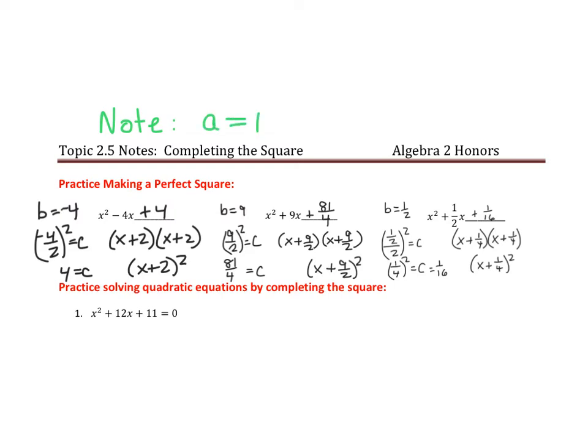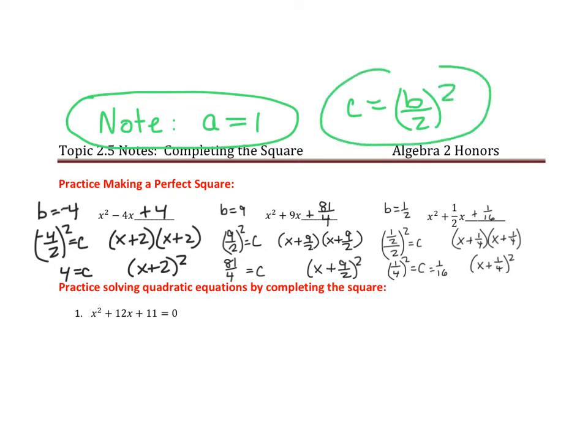So in every case, when we go to solve equations, we're going to force A equal to 1 in order to complete the square. And finally, just make a big note here. C equals half of B squared. So this is the key to completing a square.